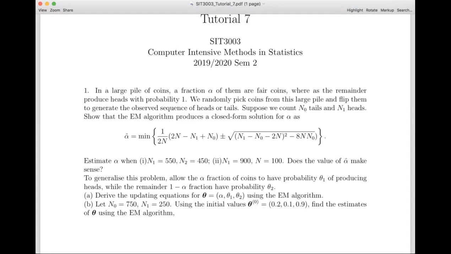But we can actually use the EM algorithm to estimate the fraction of fair coins and biased coins. That's the beauty of it. In this case, we actually have a closed form solution for the EM algorithm, which I asked you to show is equal to this value. Right, so let's look at the process now.